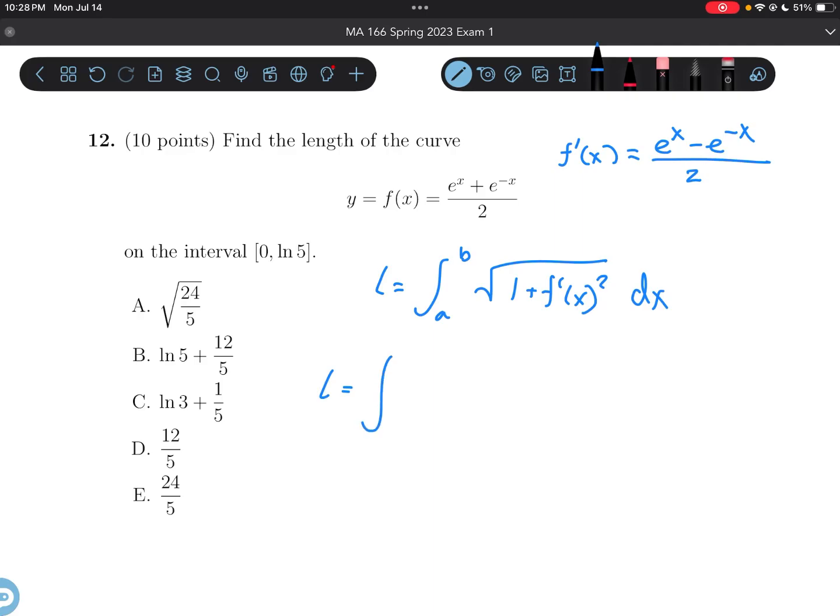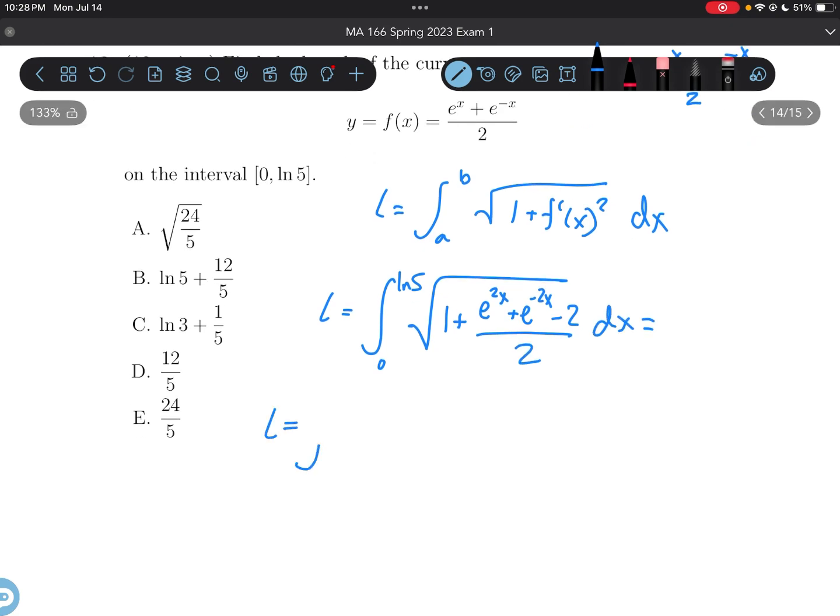Plugging things in, the lower bound is 0, the upper bound is natural log of 5. Then I have 1 plus f prime of x squared, which is equal to e to the power of 2x plus e to the power of negative 2x minus 2, over 2.